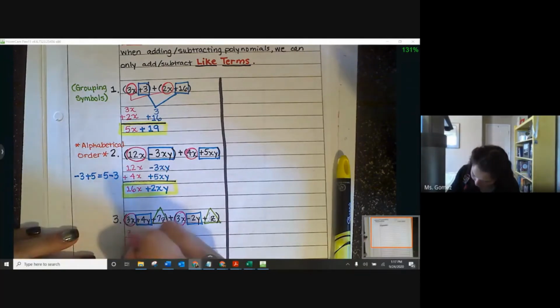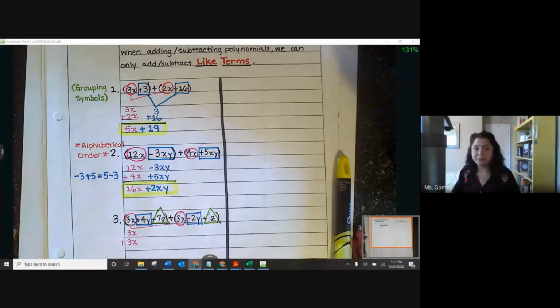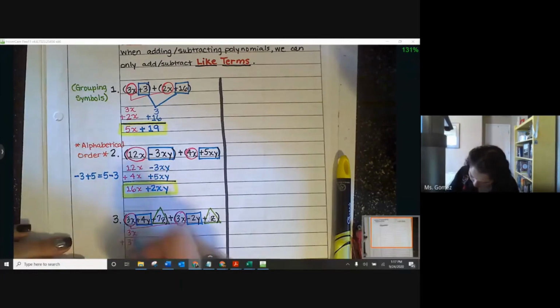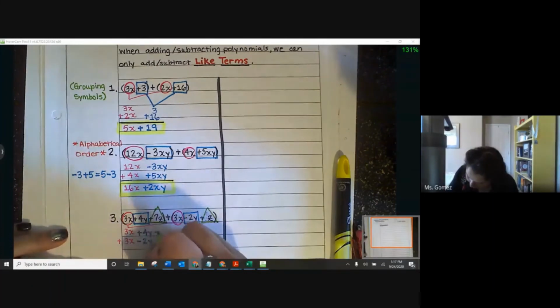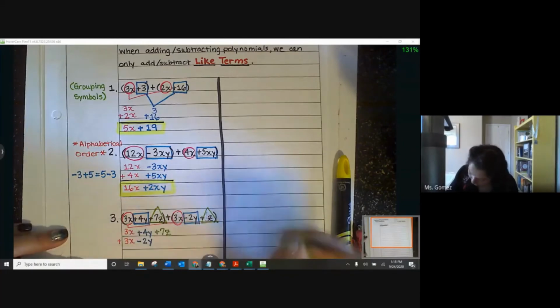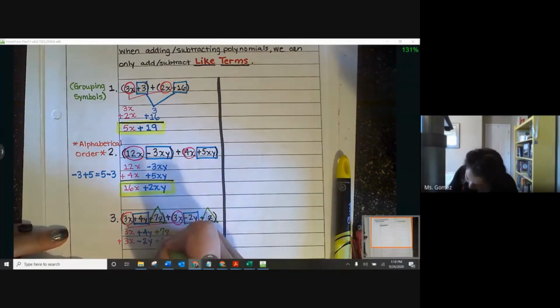So I'm going to line up 3x plus 3x. There we go. What comes after that? Box or triangle? My y's, thank you very much, Ricardo, which I have in my box a positive 4y and a negative 2y. And lastly, obviously my z's, right? So that's a positive 7z plus 1z.